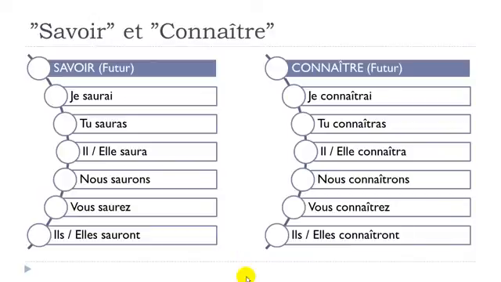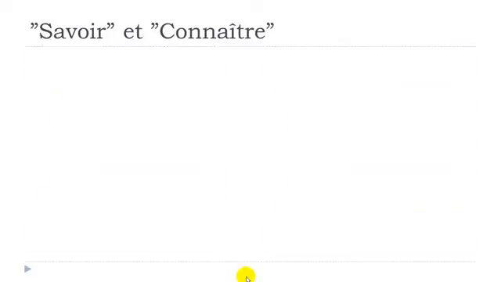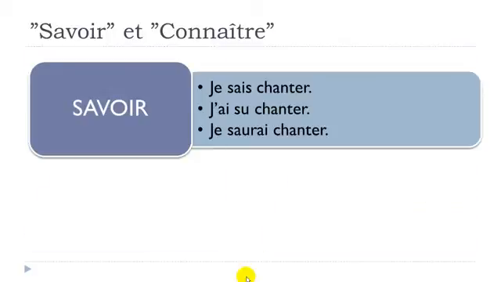Let's see a few examples now. The first one, remember, savoir: you construct it with a verb or a sentence. In that case I just put a verb. Je sais chanter. Savoir, to know, chanter, to sing.